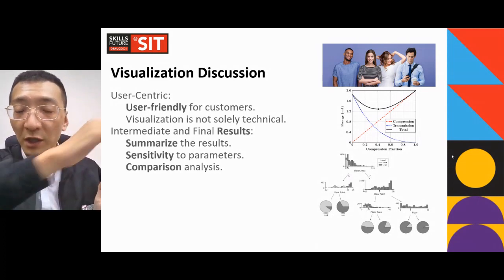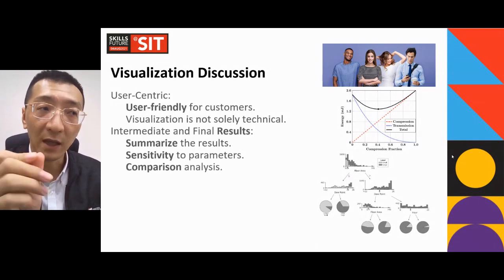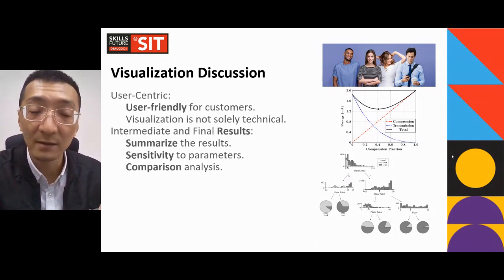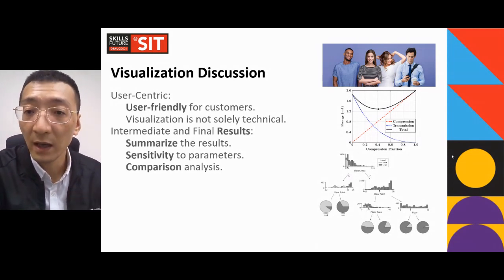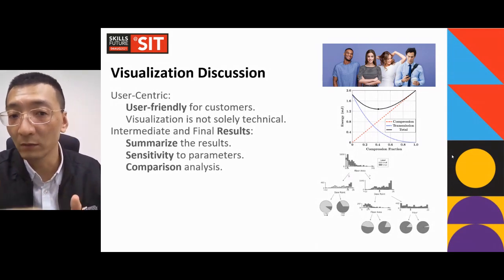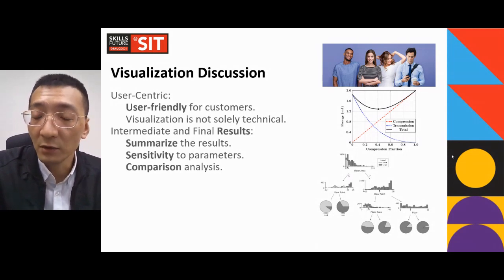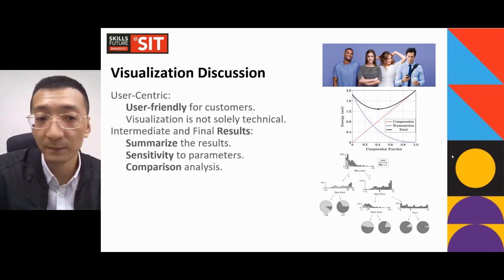So there is a trade-off, and there will be an optimal point. Roughly, if you compress maybe 40% of your data, then you can minimize the energy consumption of the summation of transmission and computation on your mobile phone. So we can also use graphs and figures to visualize our research results.